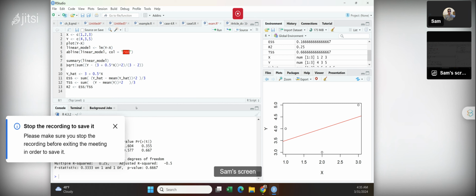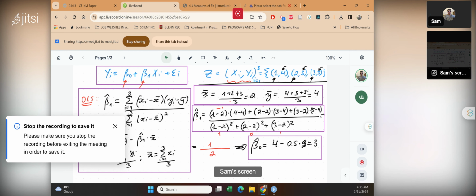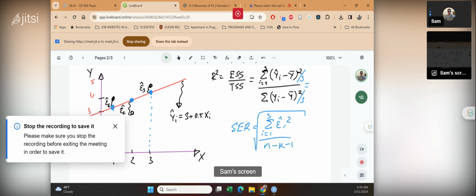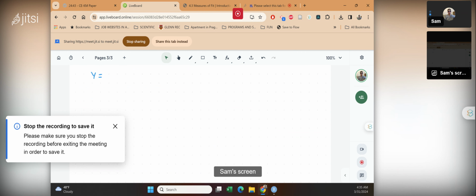What you are expected to do is know the interpretation of these coefficients. Okay, you got 3 and you got 0.5 for the slope. So what do they stand for? 0.5 is telling you that, due to the fact that this is the slope, we got yi equals 3 plus 0.5 xi plus epsilon i.